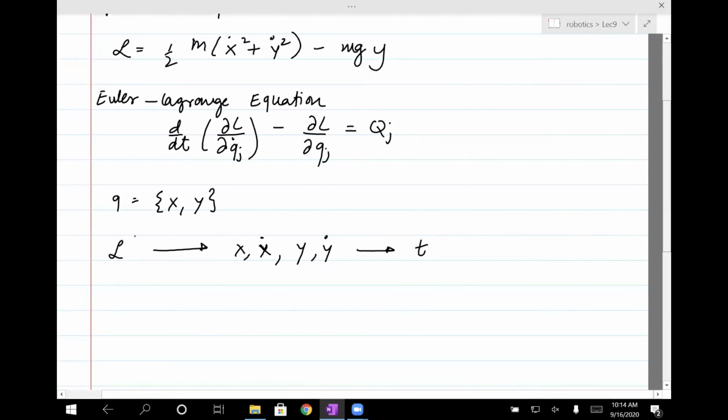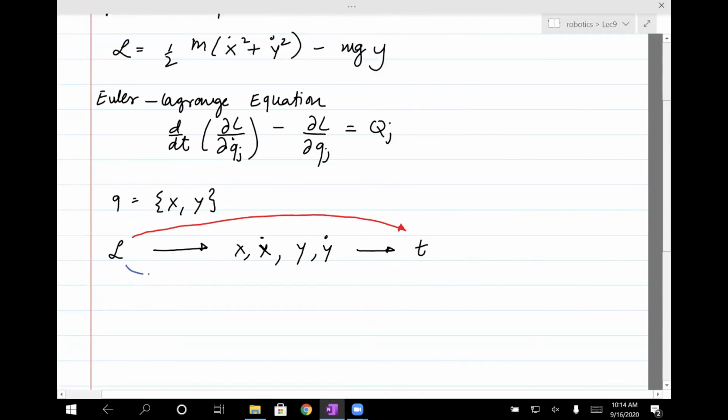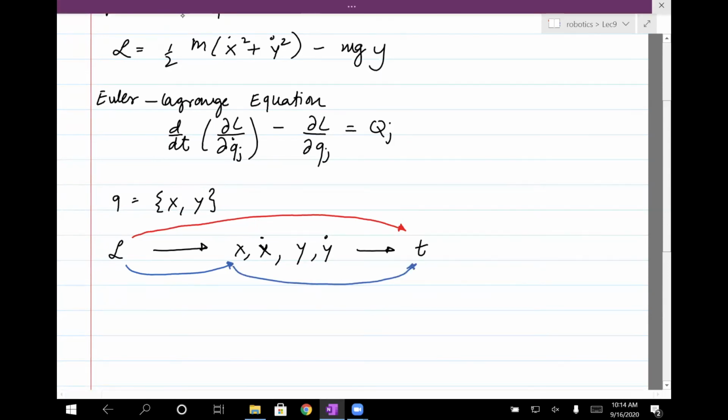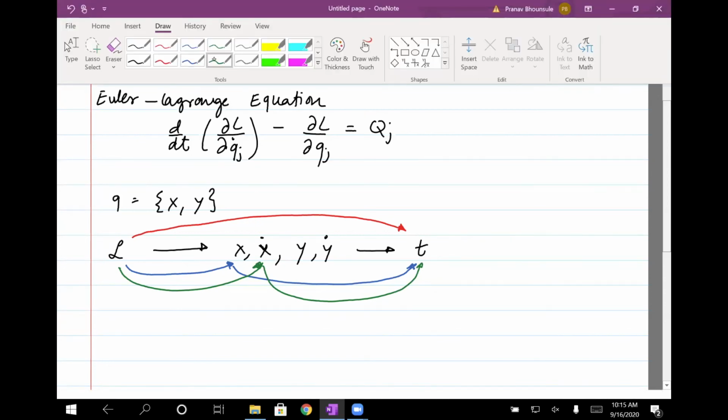So when I need to take the derivative of L with respect to t, I need to go via x, then x dot, and then y and y dot.